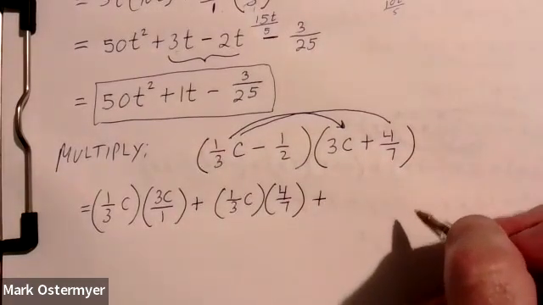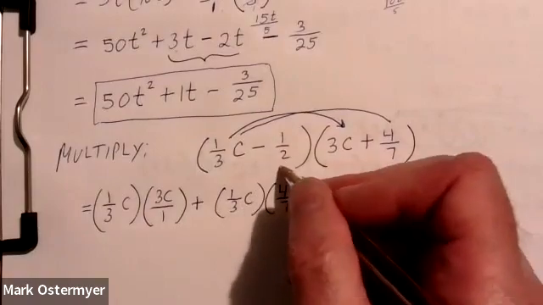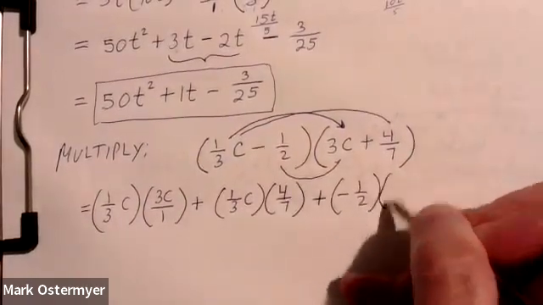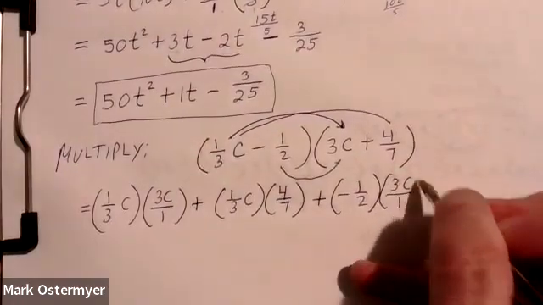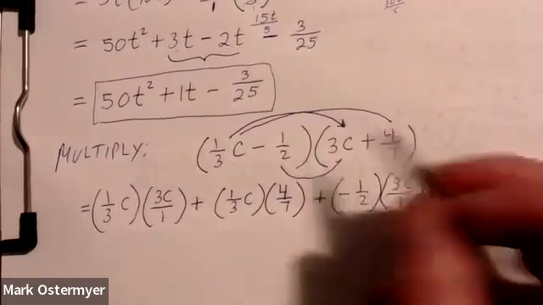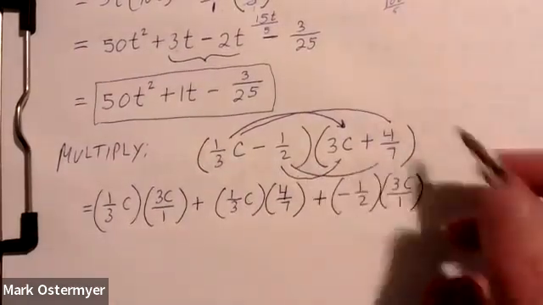Plus, now we multiply the inner terms together. Negative 1/2 times 3c, and this 3c I will place over 1 to help me better deal with this. Finally, the product of the last terms, negative 1/2 times 4/7.